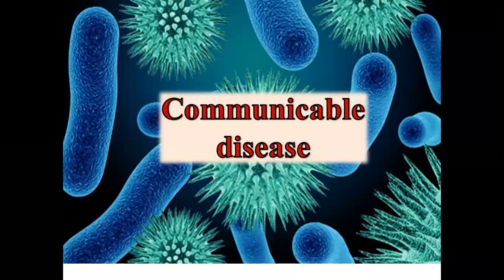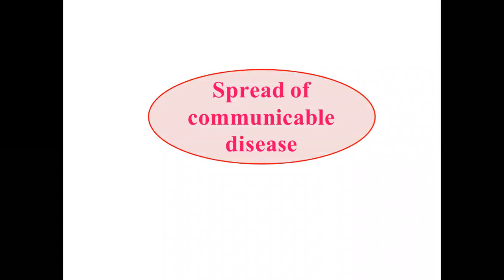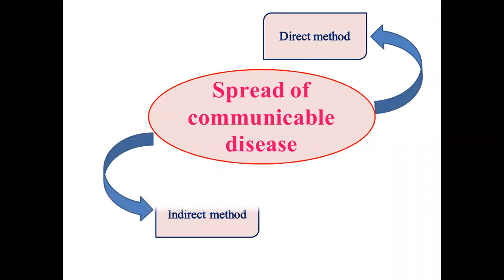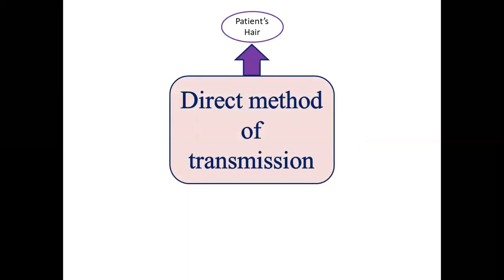Now next are the communicable diseases. In communicable diseases, we'll discuss one by one what the factors are. First, spread of communicable diseases by the direct method, and second, the indirect method. So which are the direct methods of transmission?